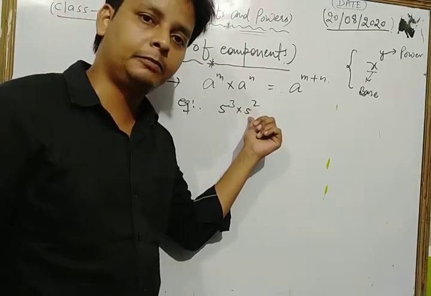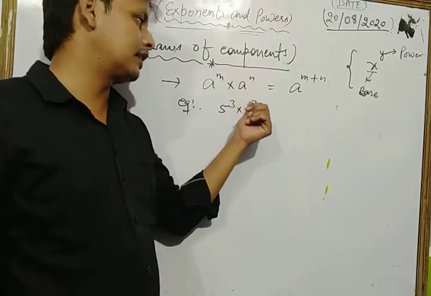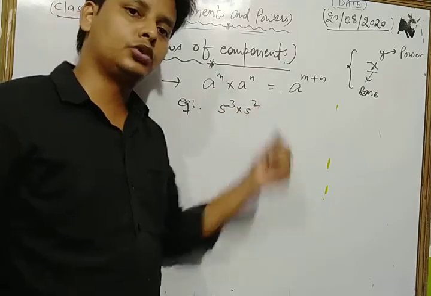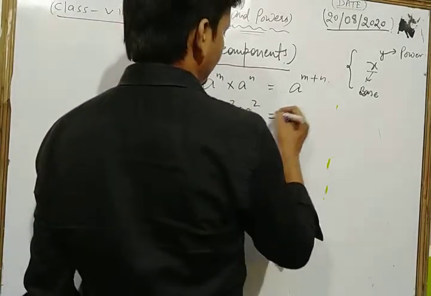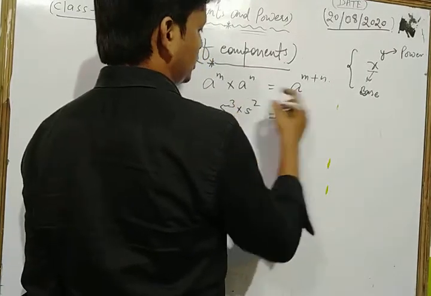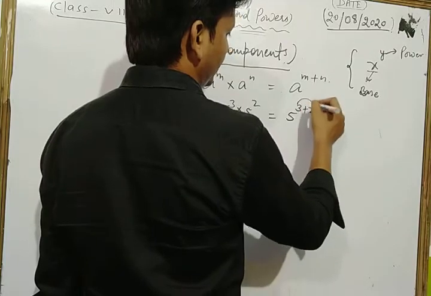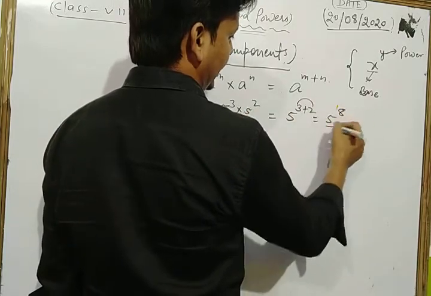Here the base is the same, that is 5, but the powers are different. So we can write 5 to the power 3 plus 2, and 3 plus 2 means 8.